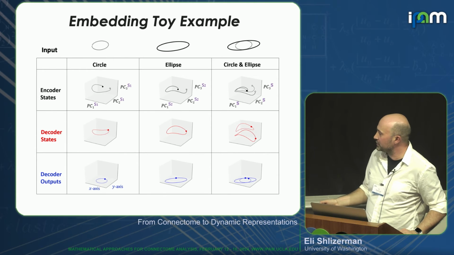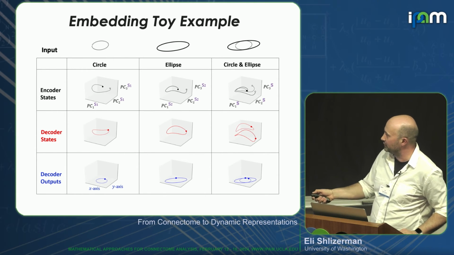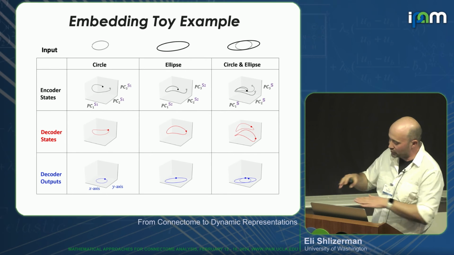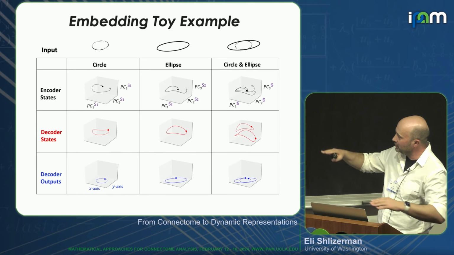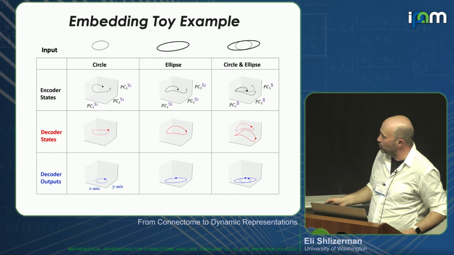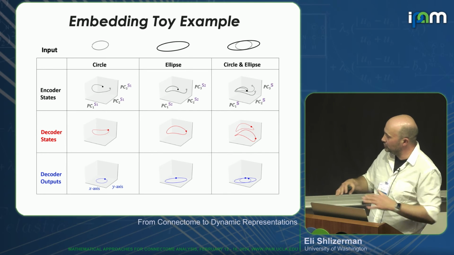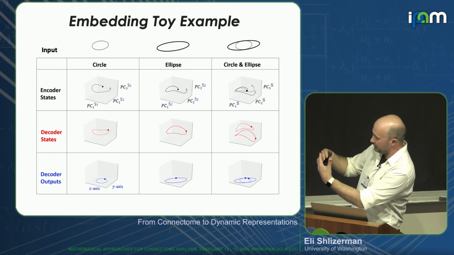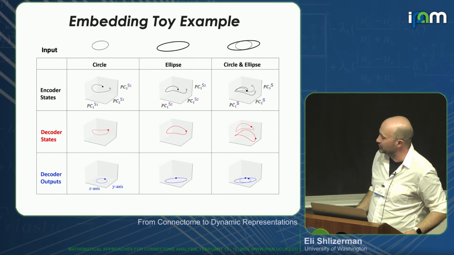And here you can see a really simple example. How do we separate a circle from an ellipse that are projected on a 2D plane in a 3D coordinate space? The phenomenon that happens is that in the encoder, they both start from the same point, and after training, they eventually separate into two separable trajectories. Then the decoder states will take this information and continue these trajectories until they eventually become those closed trajectories.